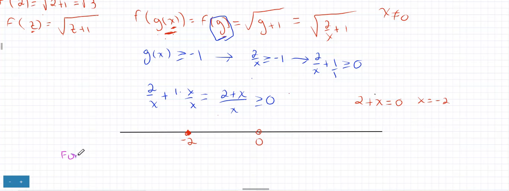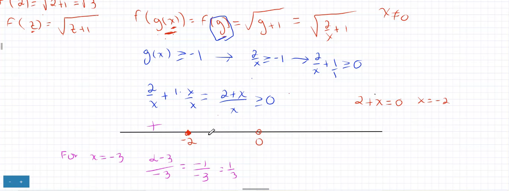So for x equal negative 3, when we input this into the rational expression, we have 2 minus 3 over negative 3. This is going to be equal to negative 1 over negative 3, and that is going to be positive 1/3. So we're going to put a positive to the left side of negative 2. This region will always generate positive numbers.